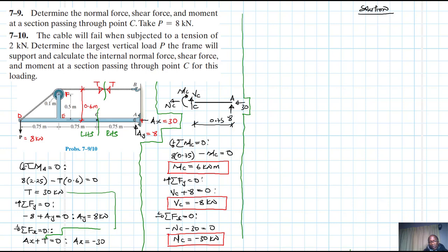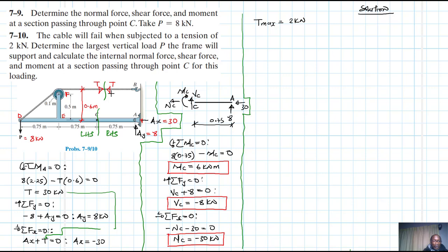where we are being told that T max, let T max be equal to 2 kilonewtons.